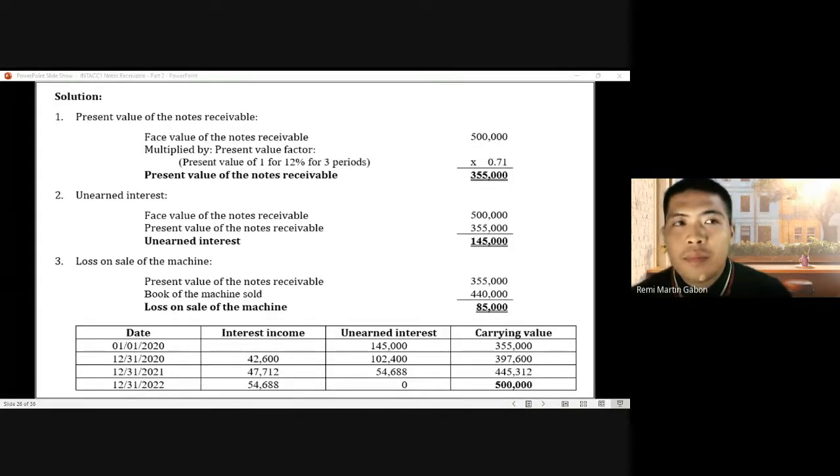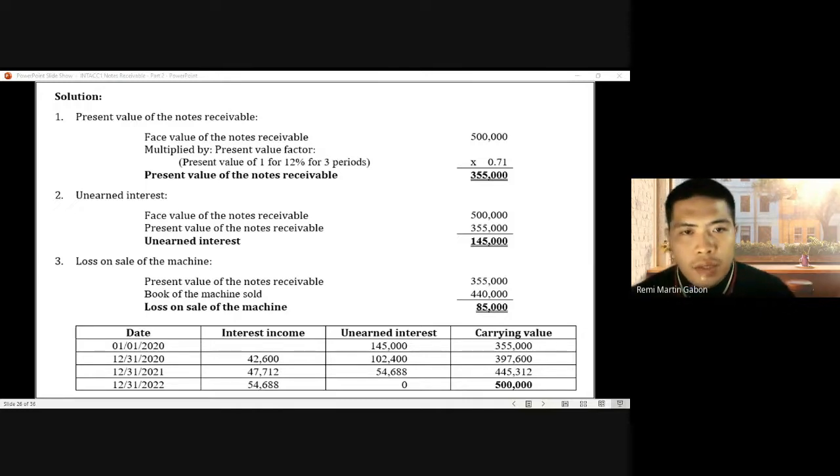Guys, we have other method to compute the 397,600 other than adding 42,600 to 355,000. Okay? How's that possible? Take note that the face value is 500,000. And because of the first amortization of 42,600, mababawasan yung unearned interest income to 102,400.